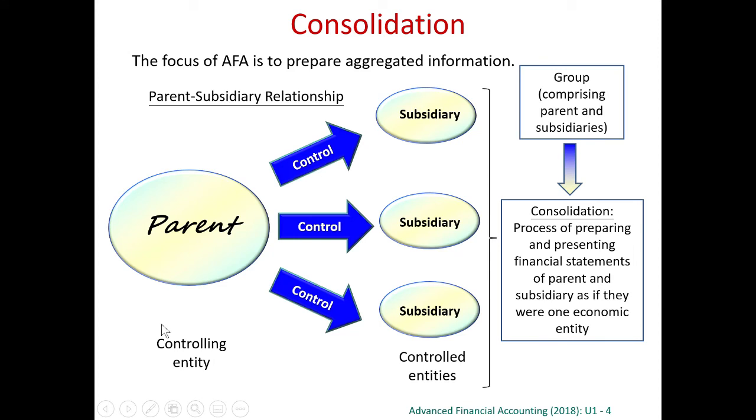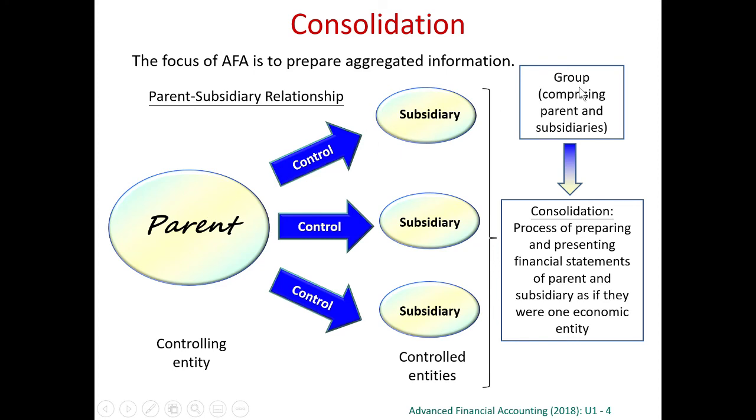We call the parent the controlling entity, and we call the subsidiary the controlled entity. We use the term entity because it can be any form of entity, not necessarily a limited company. It can be a limited company, a trust, a partnership, any form of entity. But whenever one entity controls another entity, the parent controls the subsidiary.